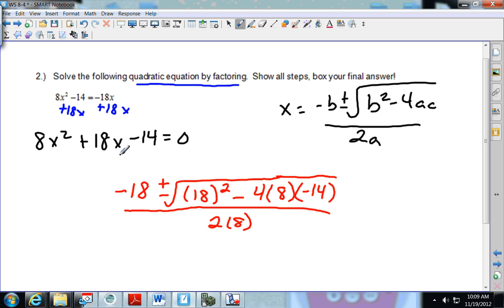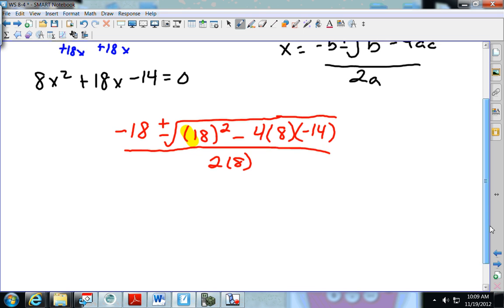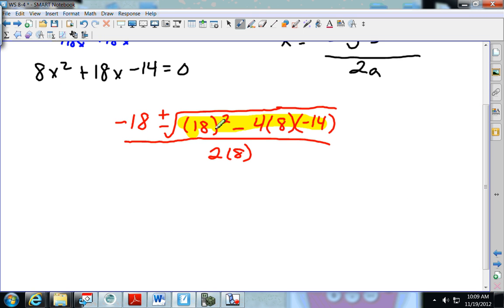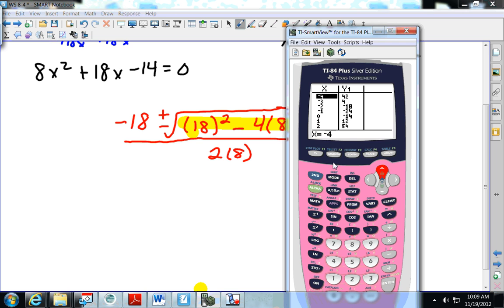All you had to do is take these numbers and put them in place of the letters. Now what I've been telling you to do is put what's underneath the square root sign in the calculator. So here, I go to the home screen.